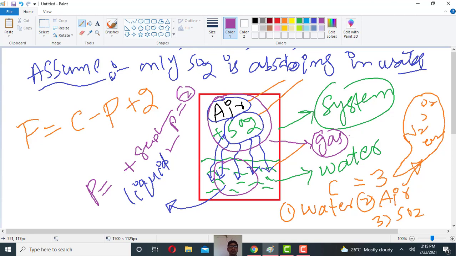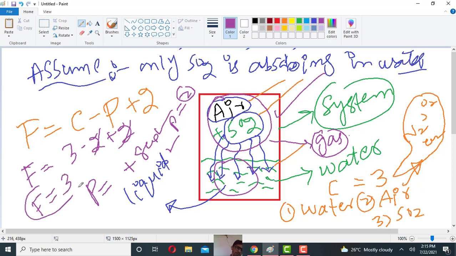So what will be the degree of freedom for this whole system? The degree of freedom for this system will be equal to 3 minus 2 plus 2. That is 3. So we need 3 independent variables to completely define this system.